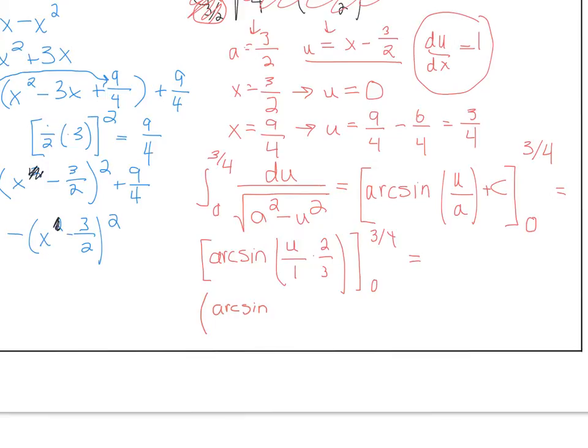Well, 3/4 times 2/3 is 2/4, which is 1/2. So arc sine of 1/2 minus, and then we'll plug in our lower limit, arc sine of 0. Arc sine of 1/2, let's see, whose sine is 1/2? That should be pi/6. And whose sine is 0? That's 0. So that should be pi/6.